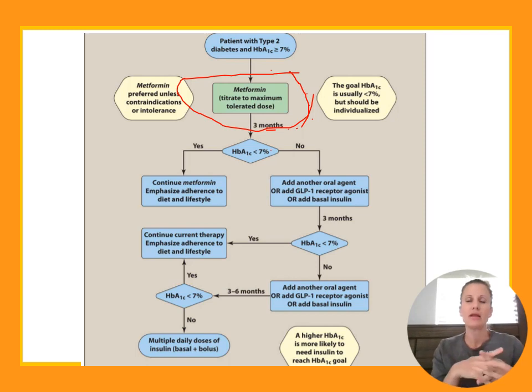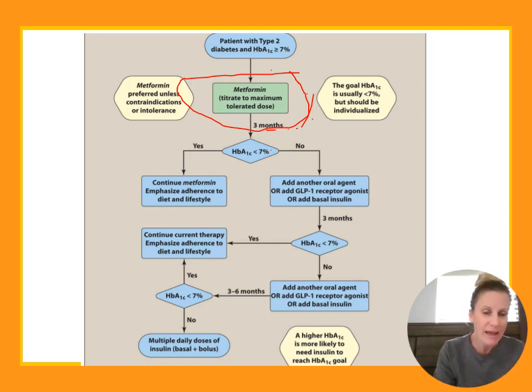The exception is if the patient has an absolute contraindication or some intolerance to metformin, but otherwise almost all patients are going to be started on metformin.